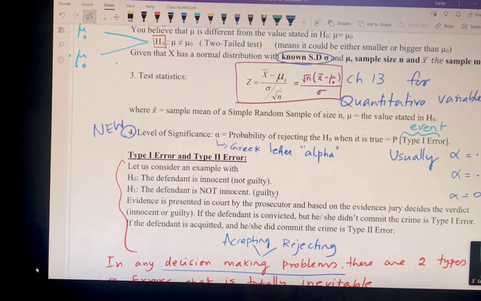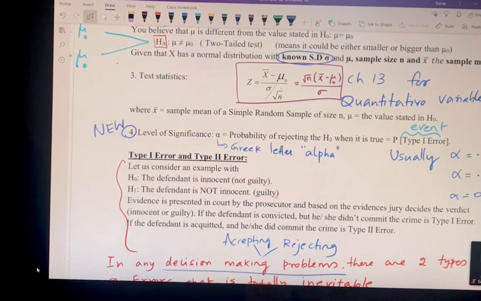I told you that the level of significance and your confidence level are two contradicting numbers. They are complementing each other. When I'm maximizing my confidence level, when I am committing a mistake, I don't want to give a bigger number to that. I want to keep the number as low as possible.